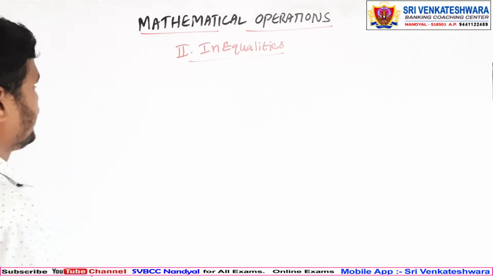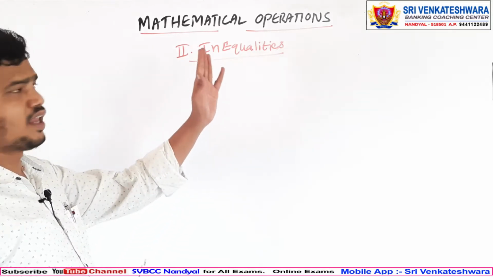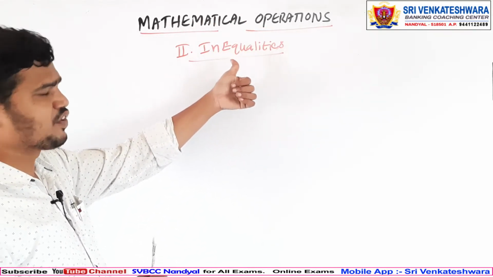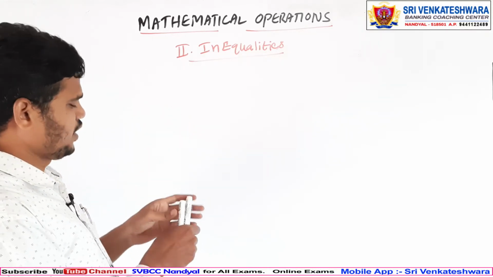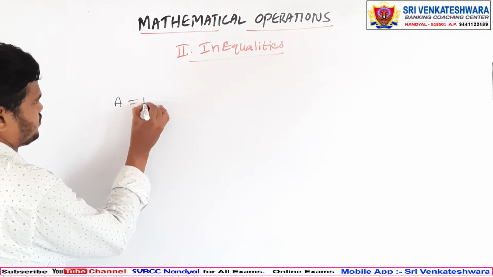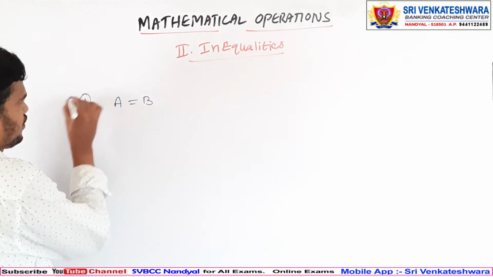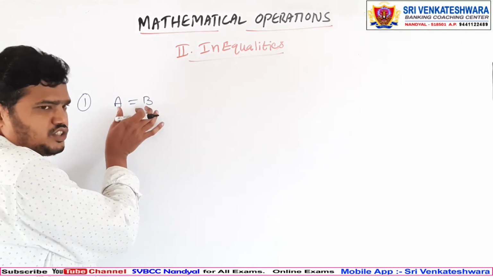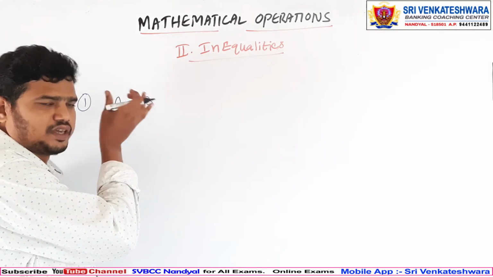Now we will go for another model in the mathematical operations, that is called inequalities. So what are inequalities generally? For example, if you take A is equal to B, this is one of the cases.